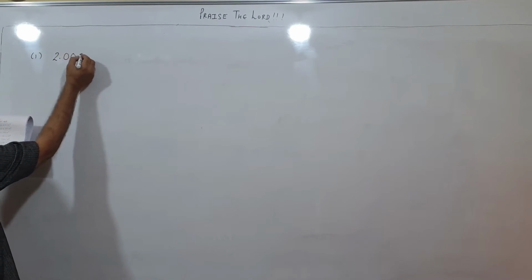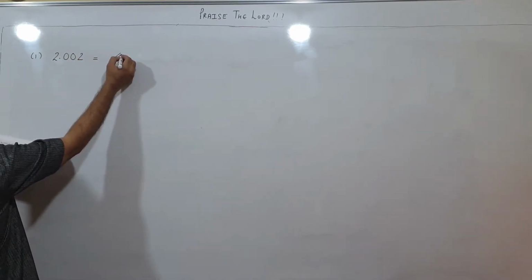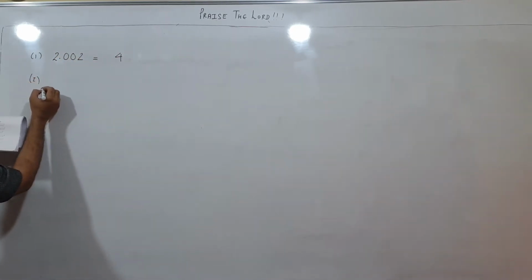So 2.002, that will be 4. Now you only think how it can happen.